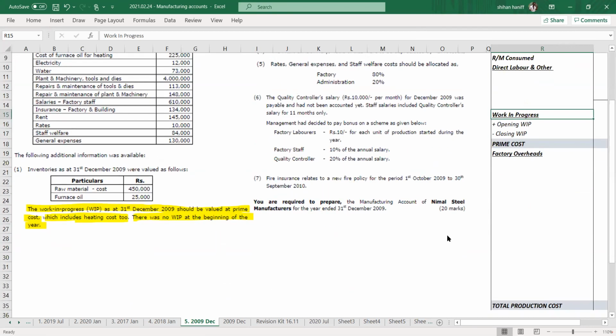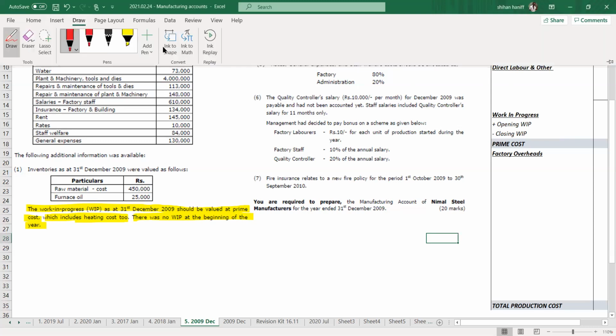I might need 4 lines for direct labor and other.